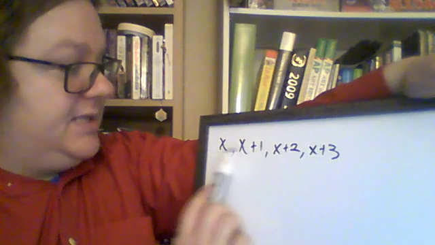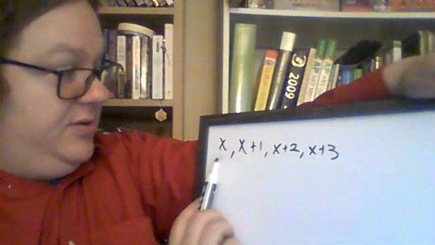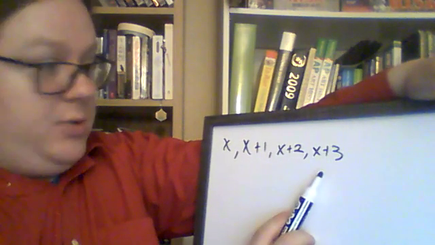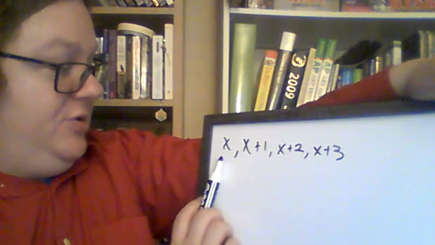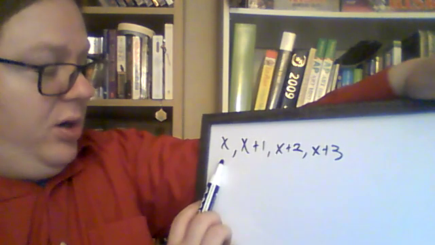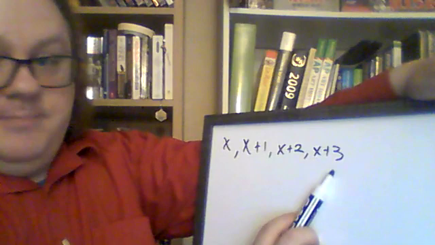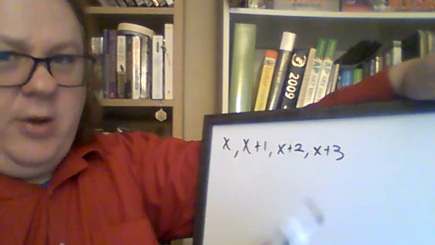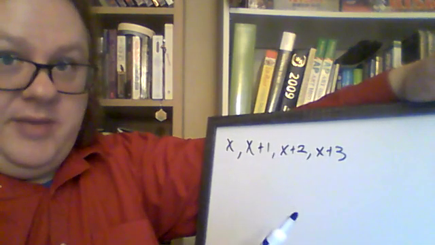We don't know it yet. Those are 4 numbers in a row. Like if this was 2, this would be 2, 3, 4, 5. If this one were 4, this would be 4, 5, 6, 7. I hope that makes sense, because that's the only way we're going to be able to move forward.